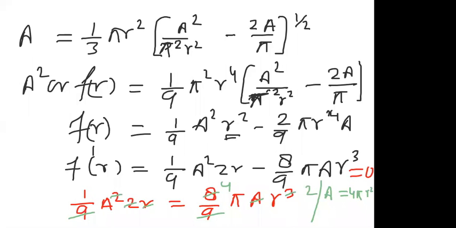Now for this, we are going to put here the value of A. It has come that area is equal to 4 pi R square.